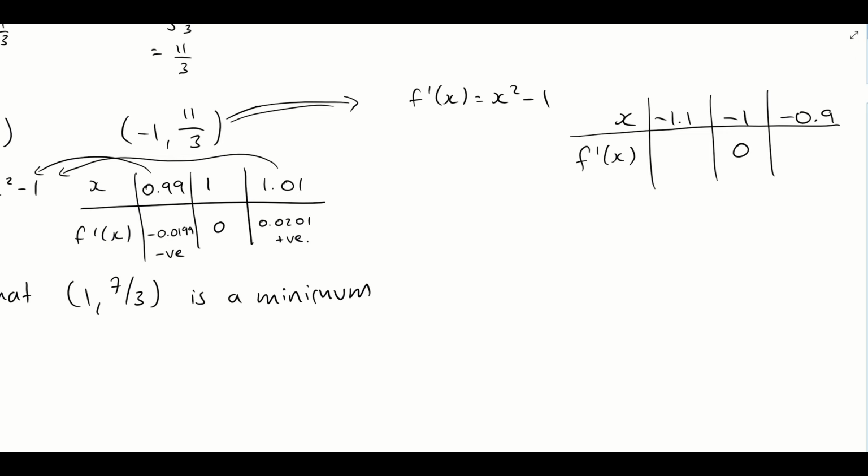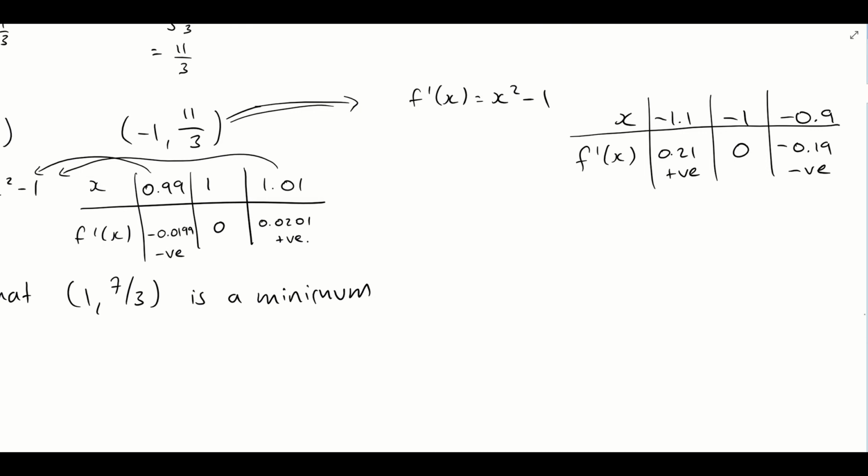But if we put minus 1.1 into our equation, so minus 1.1 squared, take away 1, that is going to give us 0.21, and that is positive. But what about negative 0.9? If we do negative 0.9 squared, take away 1, we end up with minus 0.19, and that is negative.